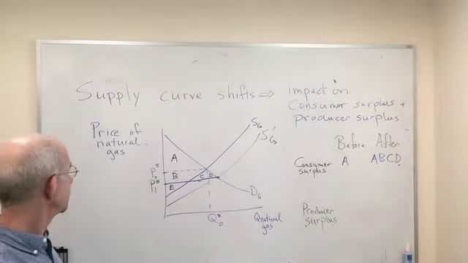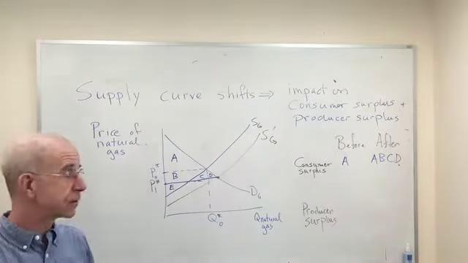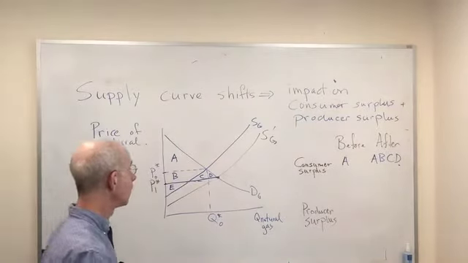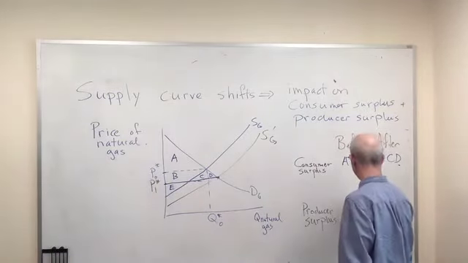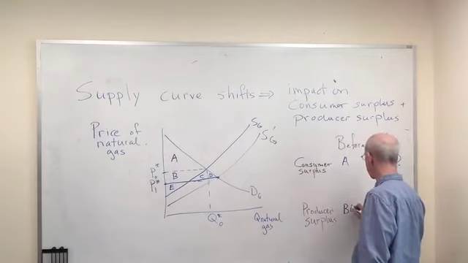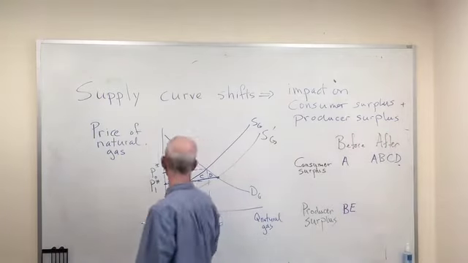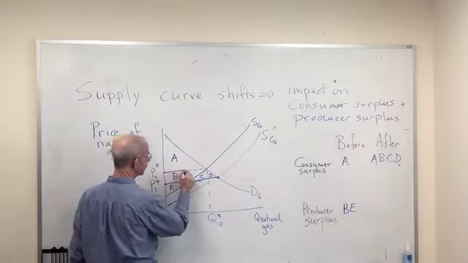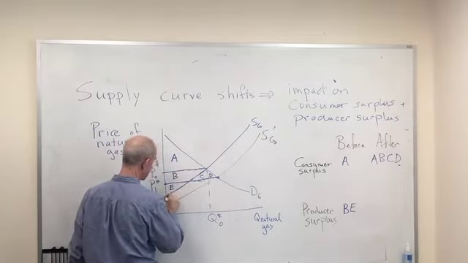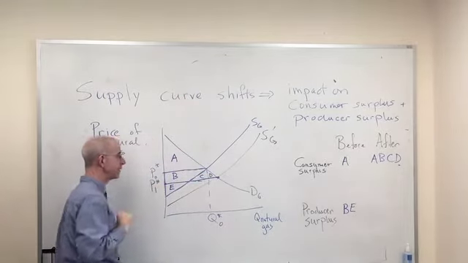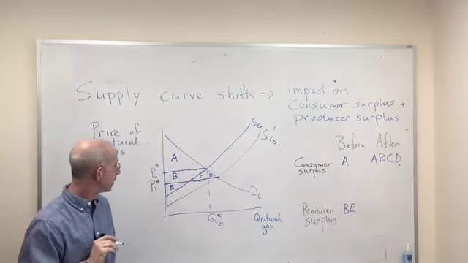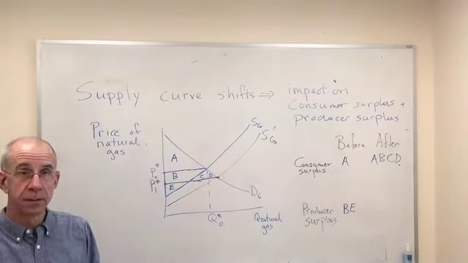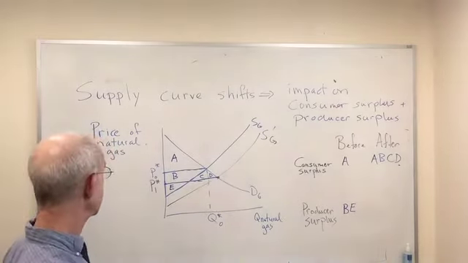The producer surplus before the technological change was area B, E. It was this triangle, if you will, this dollar amount, this benefit associated with the sale of this product.